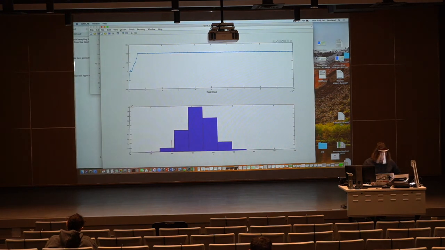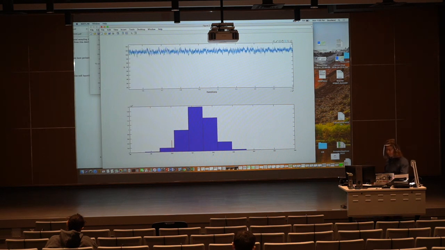The question is, if I zoom in right here into everything, this is the distribution that it's converging to. I think everything is burned in. This is the distribution that it's converging to. You'll notice that the red line is actually in the tail of the distribution.